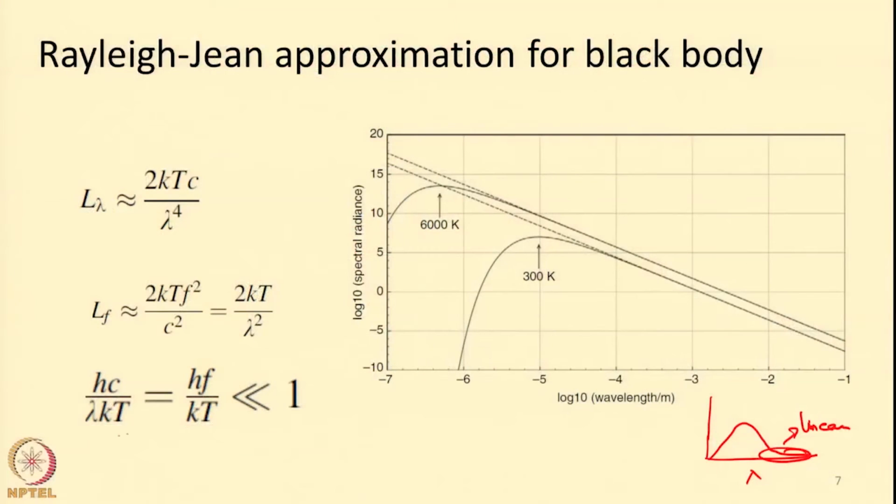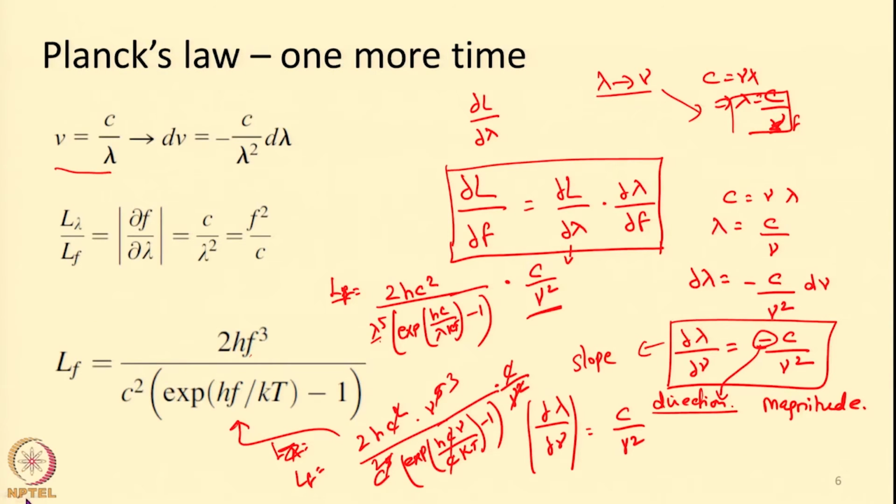What the Rayleigh-Jeans approximation says is that if this condition holds good, that is hf by kT is much less than 1 or hc by lambda kT is much less than 1, then in this particular equation we can drop this exponential function and simply write it as L_f equal to 2hf cube divided by c square times kT by hf, that is all. So, we are dropping this exponential term, this minus 1. This is applicable only when this term is much less than 1.